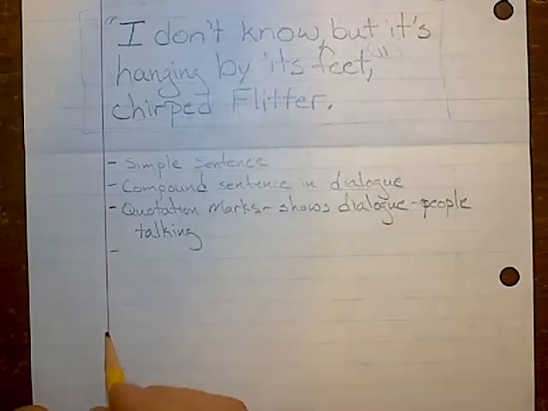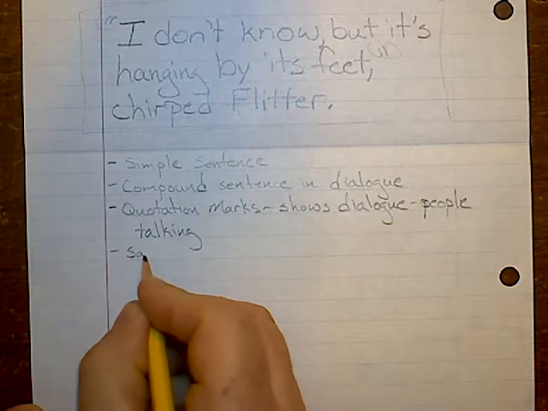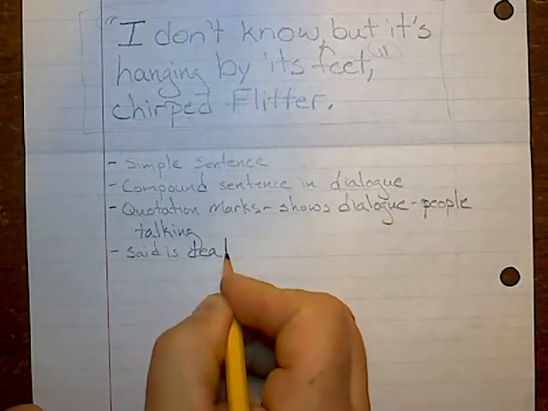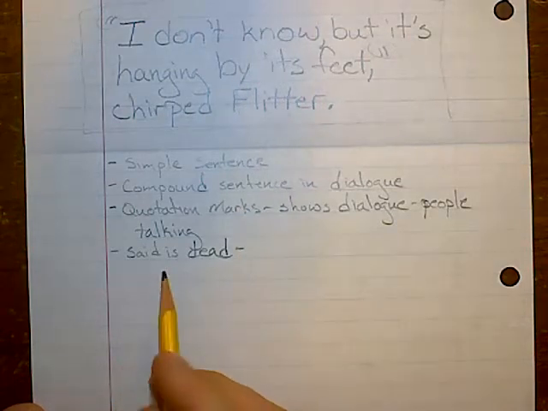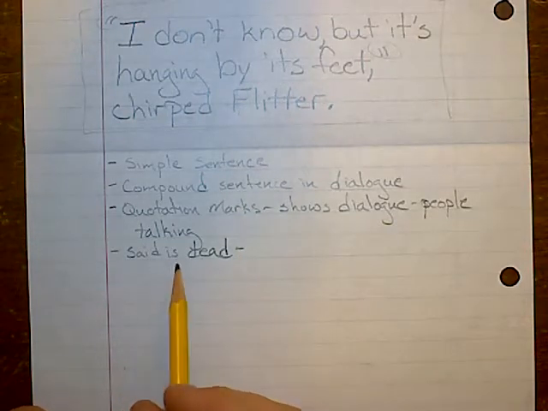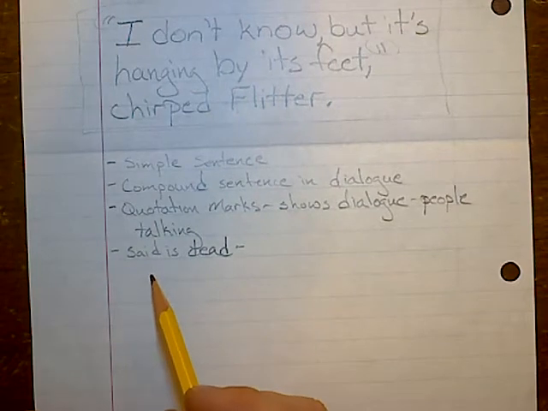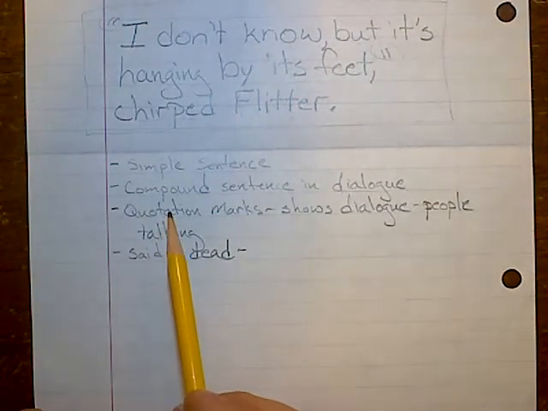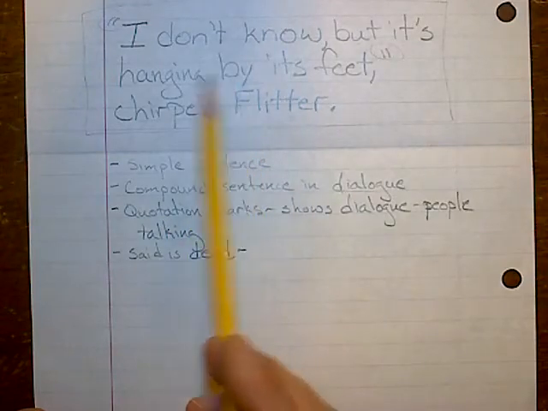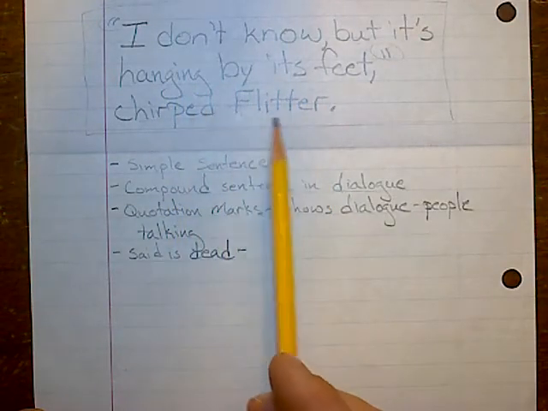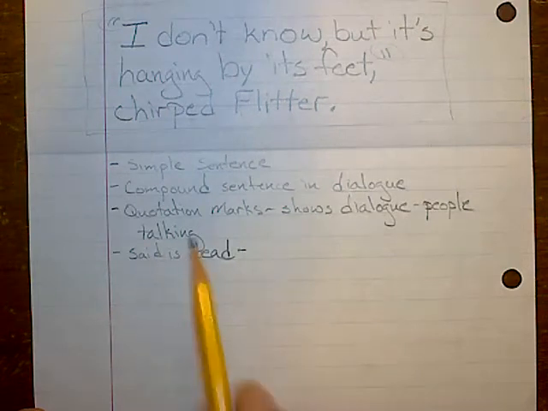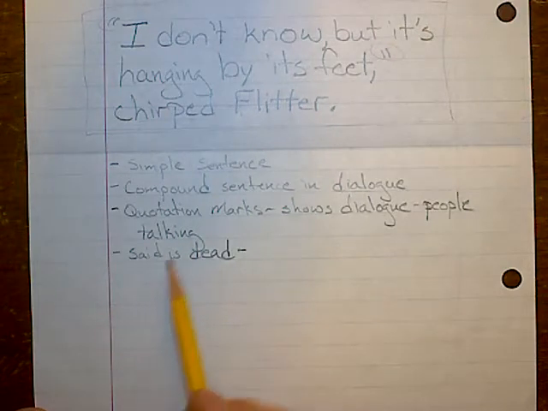Another good one I'm going to put with that is this. Write down said is dead, because we want to try to be creative when we write, which means that we want to look for creative things that people write that we could use. So in this case, they didn't just say, I don't know, but it's hanging by its feet, said Flitter. Said is kind of boring. You have to use it sometimes, but if we can come up with something different, it's better.